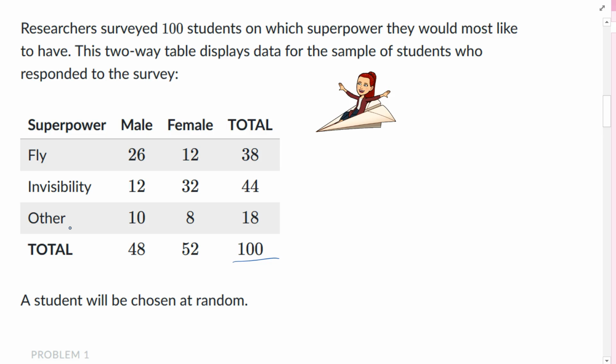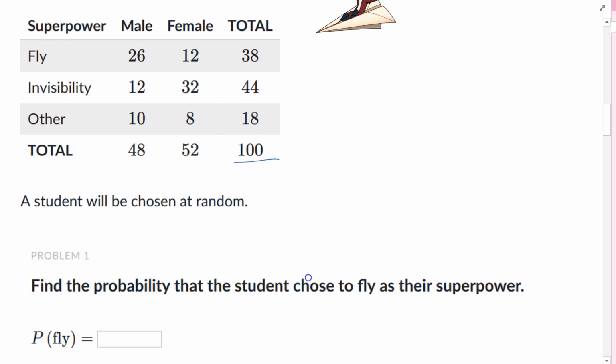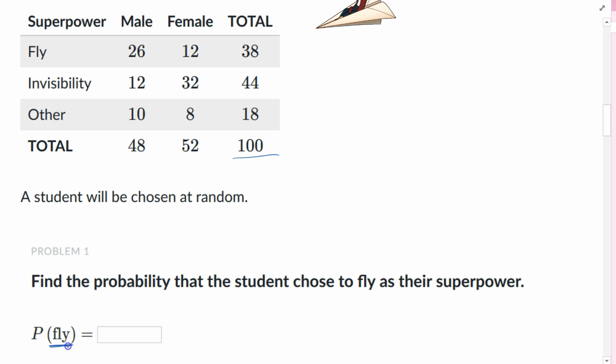And then they were separated by male and female, and we got the information here. It says, if a student was chosen at random, what's the probability that they chose fly as their superpower? This is the warm-up problem from before, so I'm going to give you guys a few minutes to think about that, and then go ahead and enter your answer.